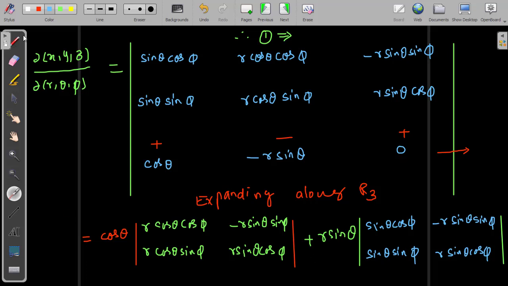So I'll put here plus 0 times. I am not writing these elements anyhow, excluding this last row and last column, only this and this, a total of four elements. I'll just leave it blank, because there is no space here. Anyhow, 0 times this determinant value will be 0 only.